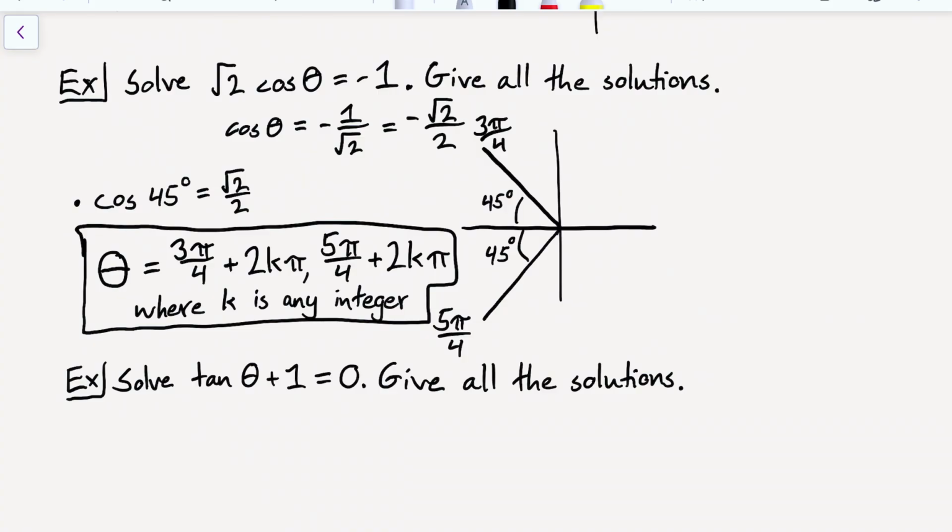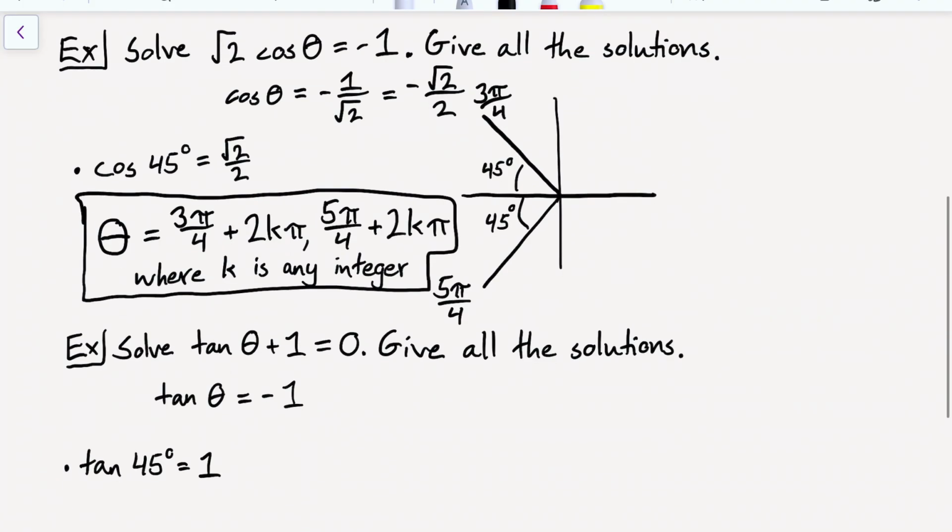Finally, let's solve tangent theta plus 1 equals 0. So we need to find all the angles of which it is true that tan theta equals negative 1. Now it may help to remember the trig fact here that tangent of 45 degrees equals 1. And so where on the unit circle will we see a negative tangent?